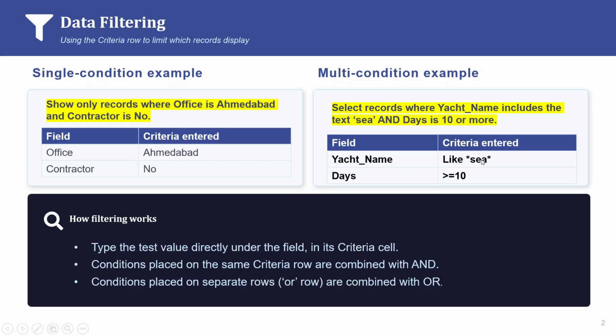So for yacht C, under the criteria, we're going to put asterisk C asterisk. And for greater than or equal to 10, you do this here. First of all, you type the value directly under the field in the criteria cell. That is what you need to do.